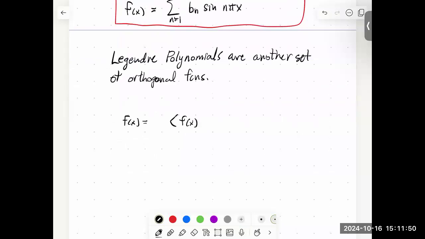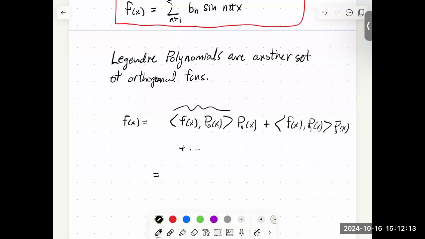So it's going to be the inner product of f of x with p0 of x times p0 of x, plus the inner product of f of x with p1 of x times p1 of x, plus and so on, right? In general, let's say I call this Cn this time. This would be C0, this would be C1, and so we would eventually get to f of x times p.